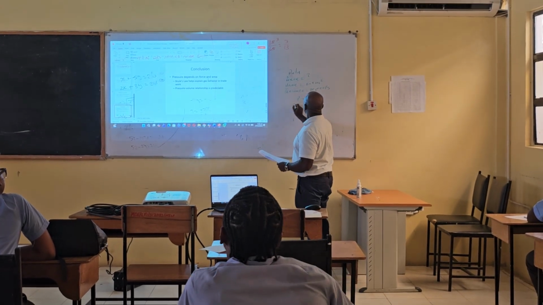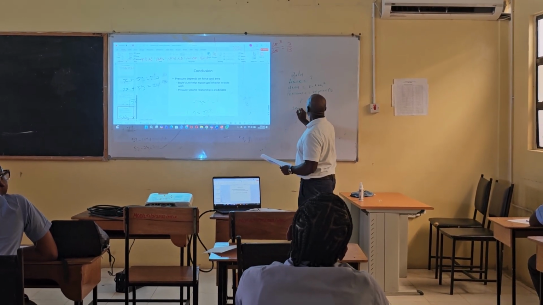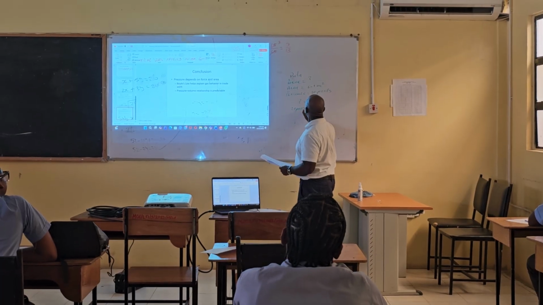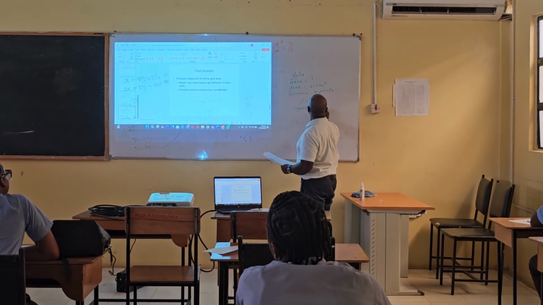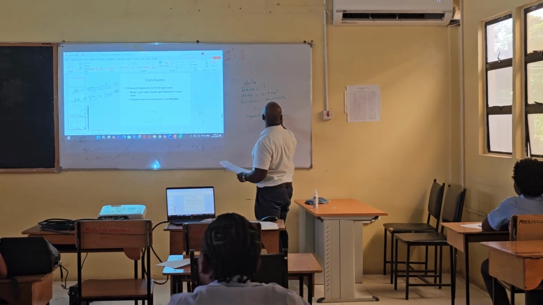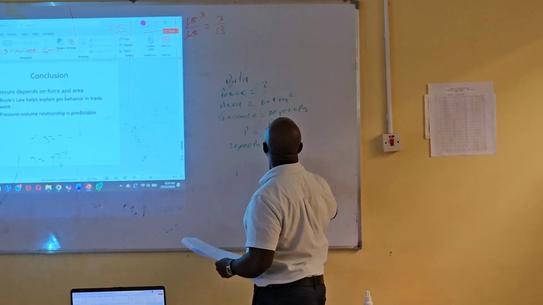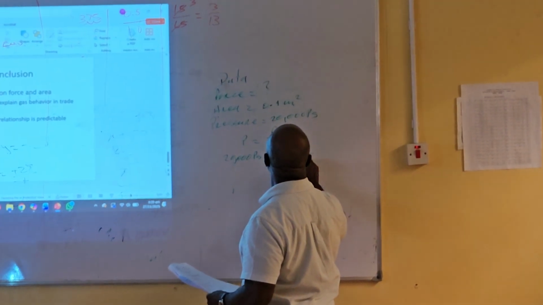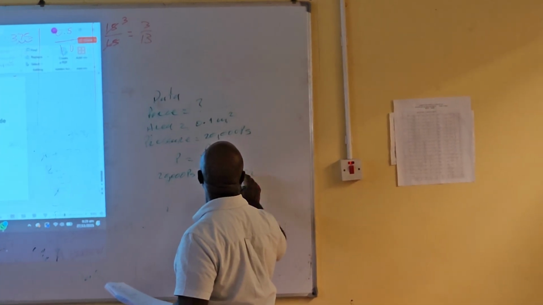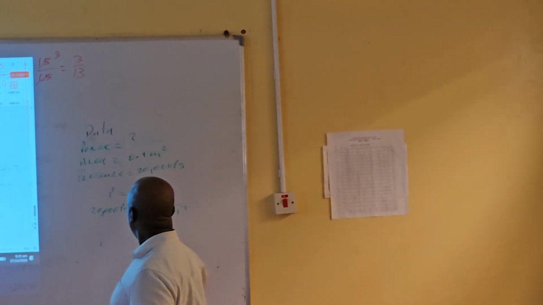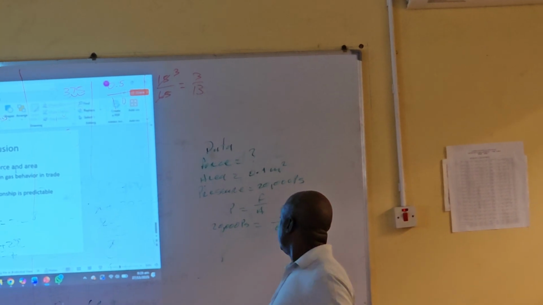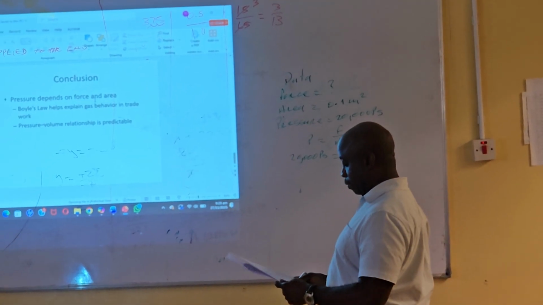We put in the units now, which is 30,000 equal to question mark over 0.1 squared.